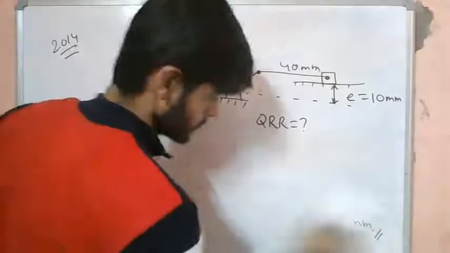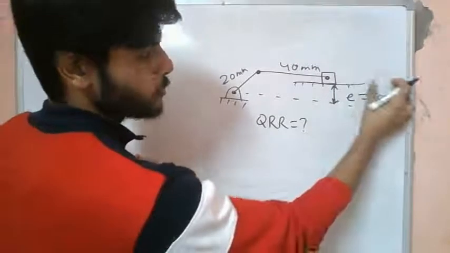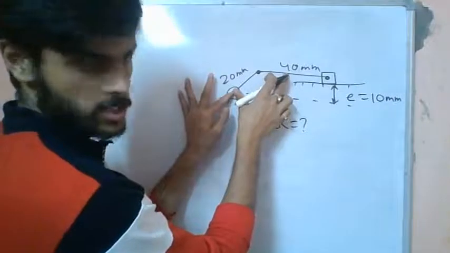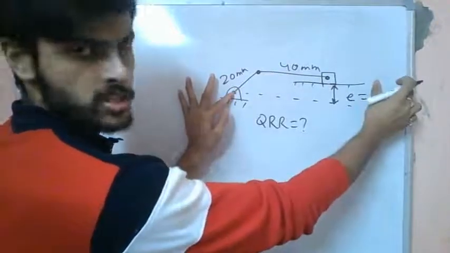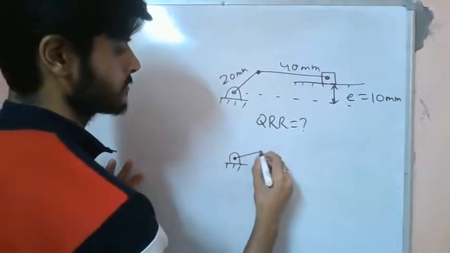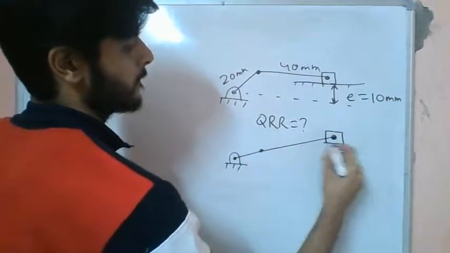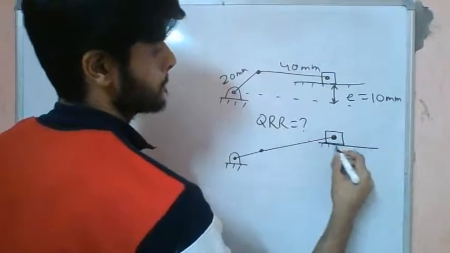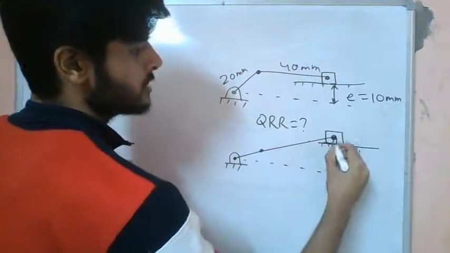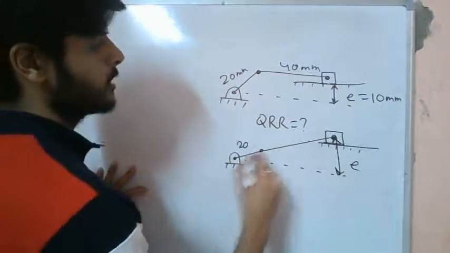Okay, so one of the extremities is this. When the crank and this coupler, or connecting rod, come in a straight line, the slider will move to its extreme position, which will be something like this. So this distance is given as E. Crank length is 20, this length is 40.